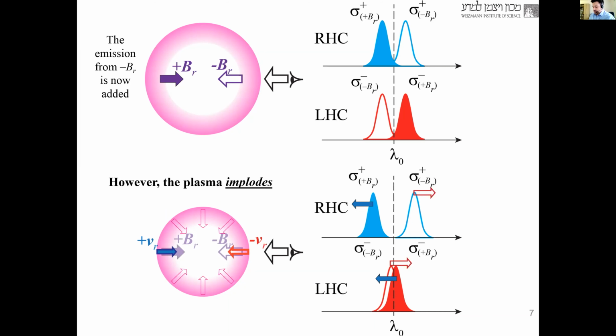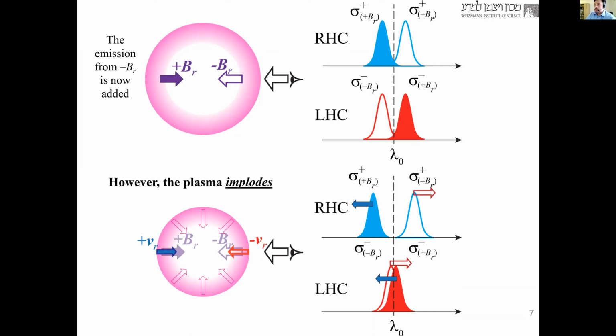This means that the Zeeman components coming from the opposite sides of the plasma will be Doppler shifted. The components coming from the part of the shell that retracts will be red shifted, and in contrast, the components coming from the shell that is approaching will be blue shifted. Thus, spectral line shapes in the RHC and LHC channels will have different appearances.